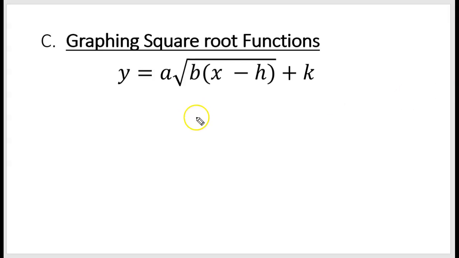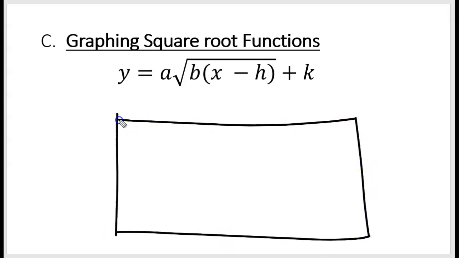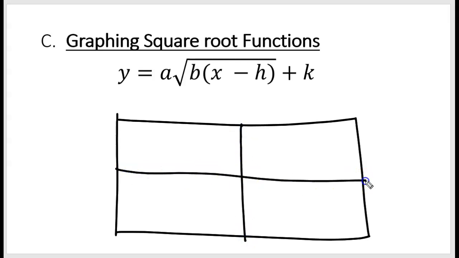All right, so let's go ahead and take a look here. Let me make a table here for you guys. Now, if you have a positive A value and a positive B value, it's going to look normal, like that. And this is what I mean by normal.